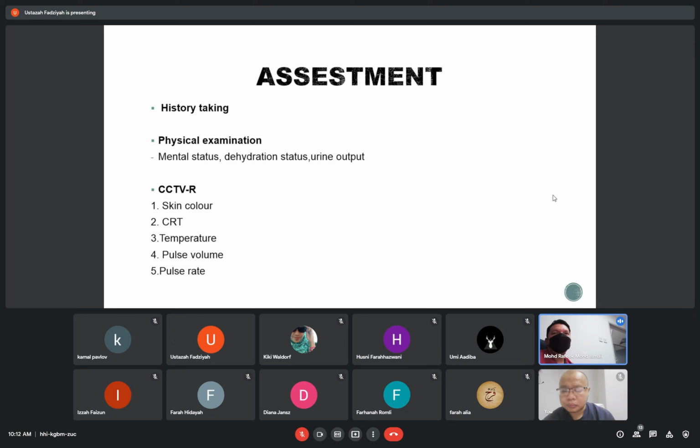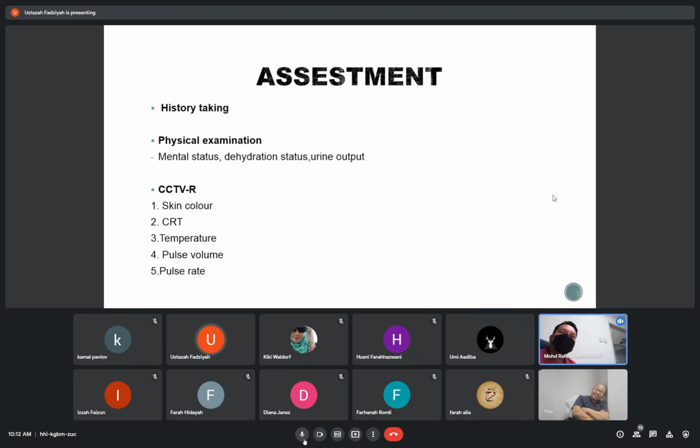Any questions about hypovolemic shock? When do we start giving blood? When do you want to give your blood products?